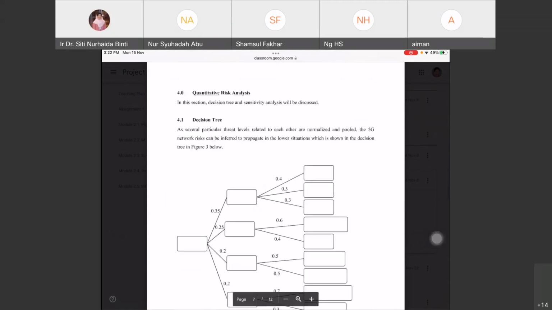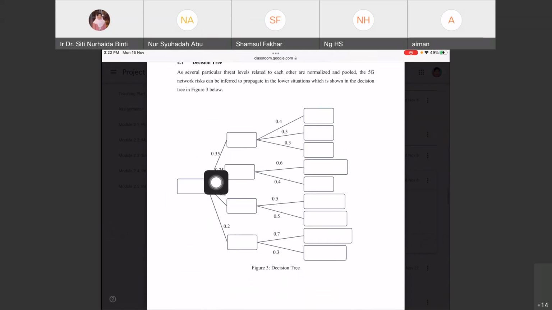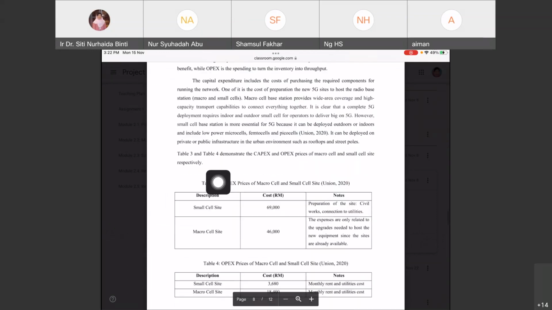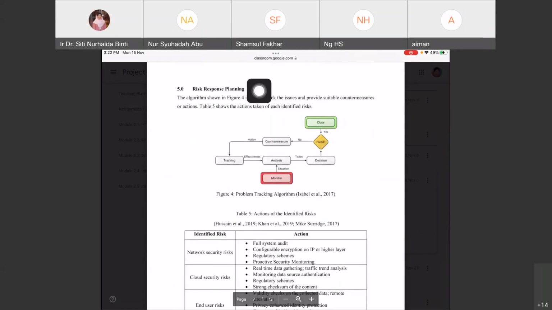Right? And this is the quantitative analysis using decision tree, okay? Sensitivity analysis and response planning. So this is the portion that I take out for my project planning.